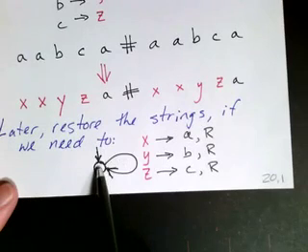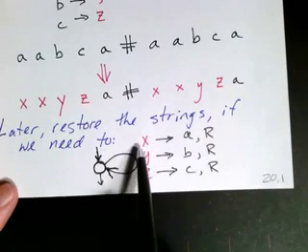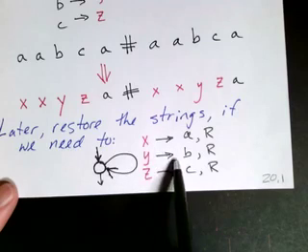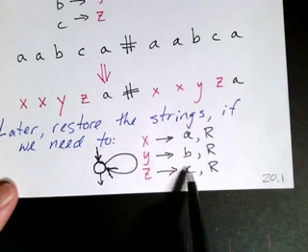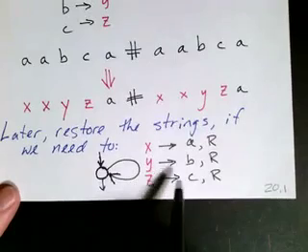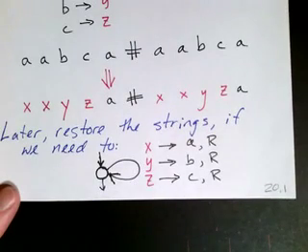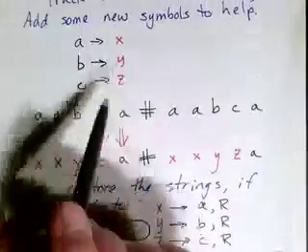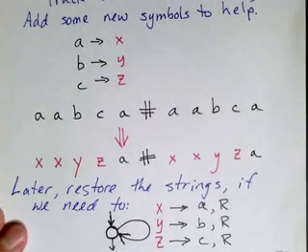That's pretty simple to do. We just go back to the beginning and scan and change X's back to A's, Y's to B's, and Z's to C's. The details are kind of approximate here, but you get the idea that we can use a number of new symbols to make sure that we don't lose information in this string comparison algorithm.